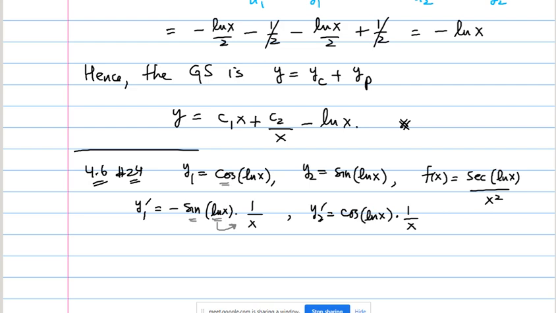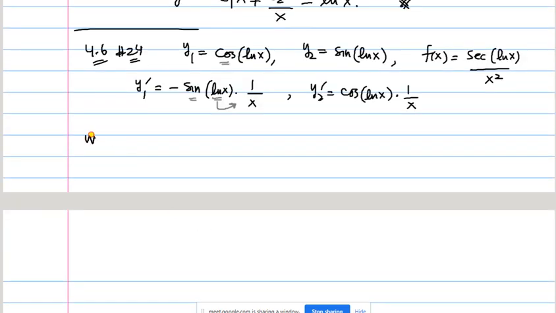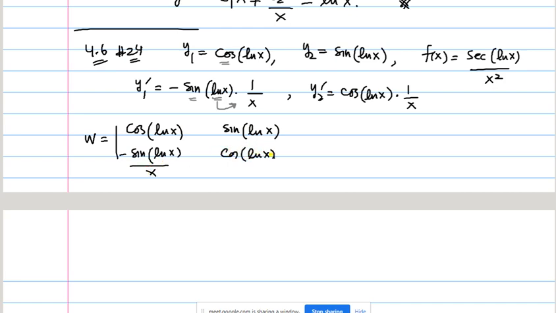Now find w, w1, w2, all of these things. So w is the determinant with y1 which is cosine log of x, and y2 which is sine log of x, and the derivatives, minus sine log of x divided by x and cosine log of x divided by x.